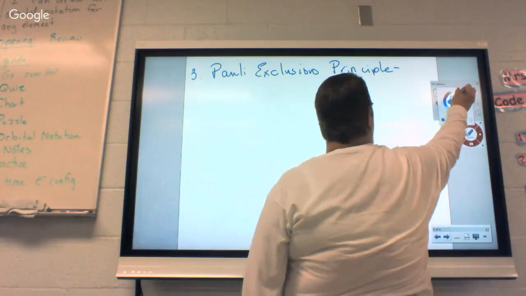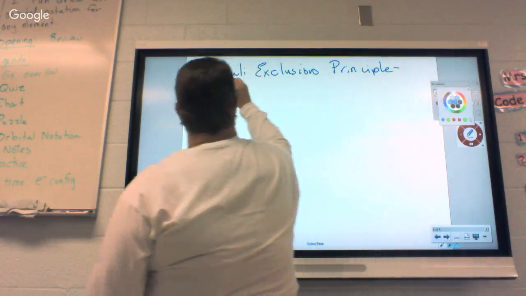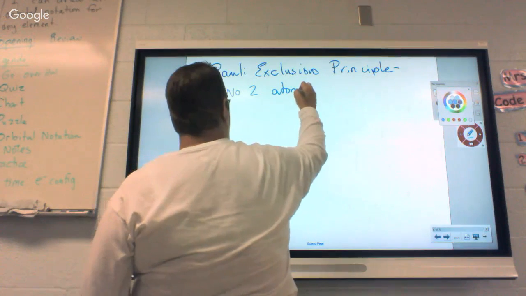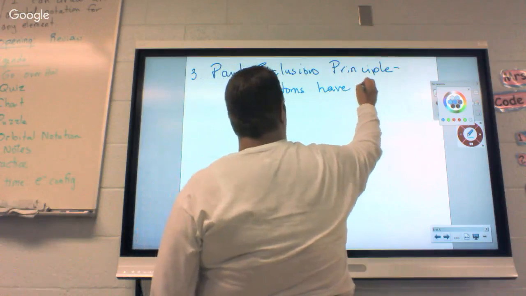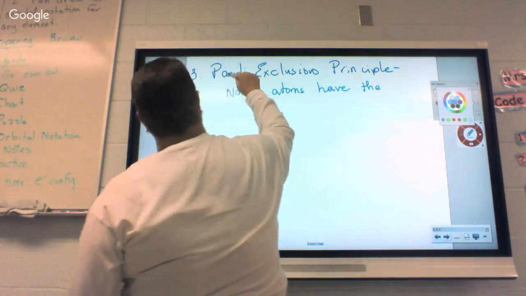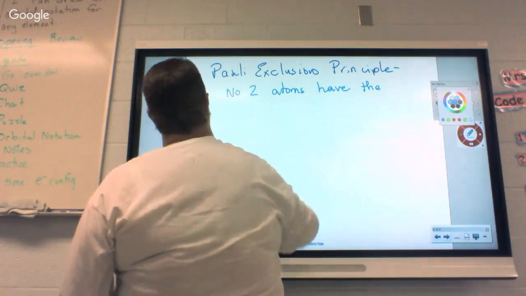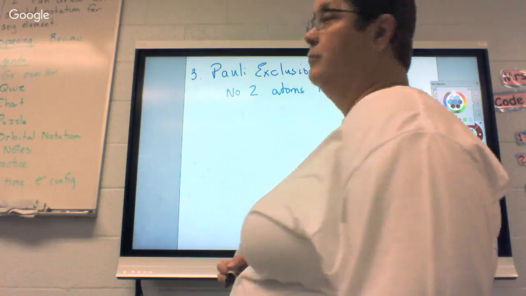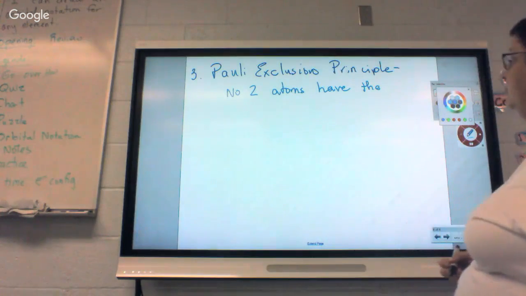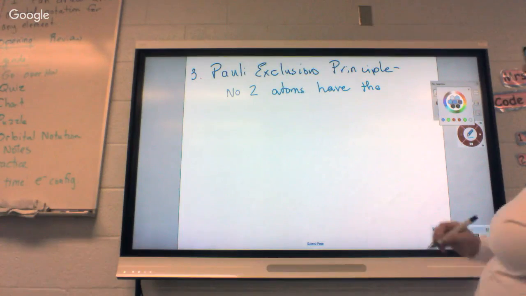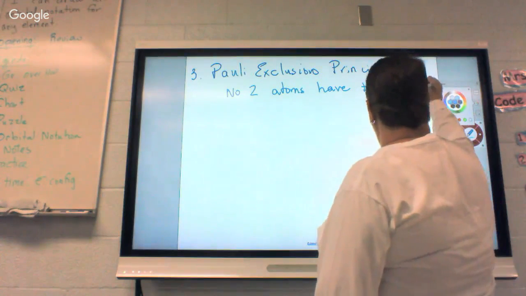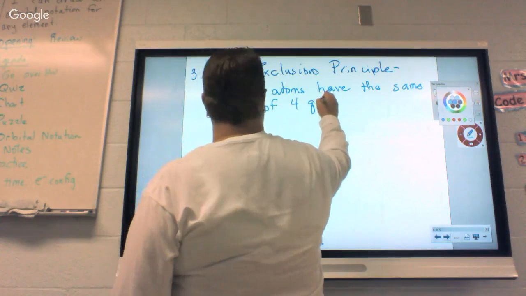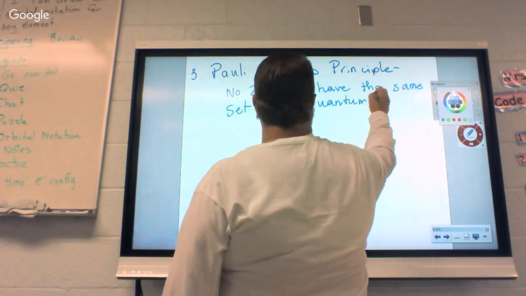All right, the Pauli exclusion principle says no two electrons have the same set of 4 quantum numbers. That's P-A-U-L-I.